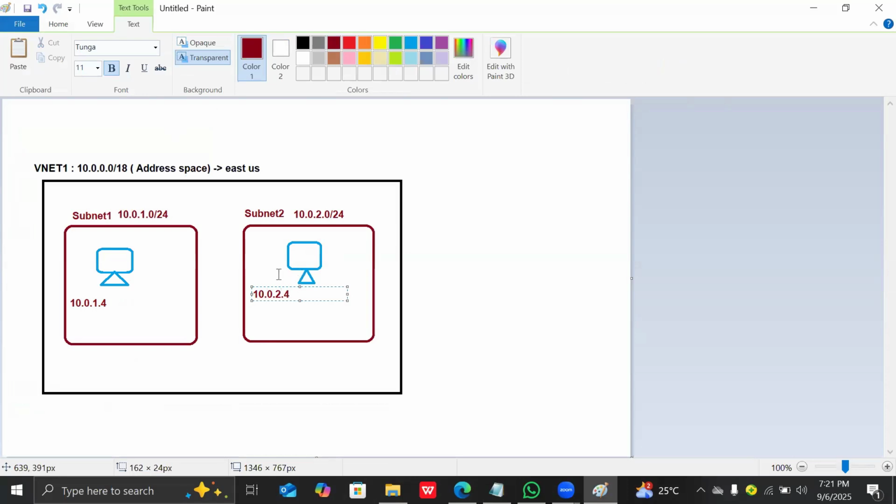We need to validate. See how we are creating a VNet. There is a simple step. In Azure there is a service called VNet. Then create a VNet. It will ask you for the name of the VNet and the region where you are creating it. After creating the VNet, we need to create a subnet within this VNet.